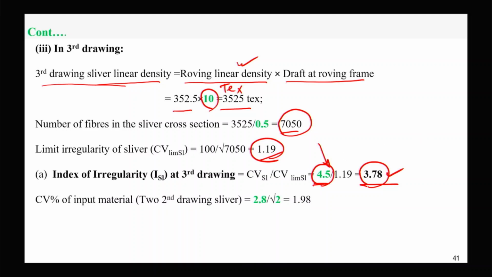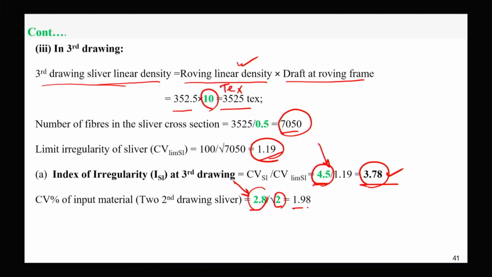And then we have to see the addition of irregularity. Now here, the second draw frame sliver irregularity was given as 2.8, and the number of doublings in the third draw frame was 2 as per the table.